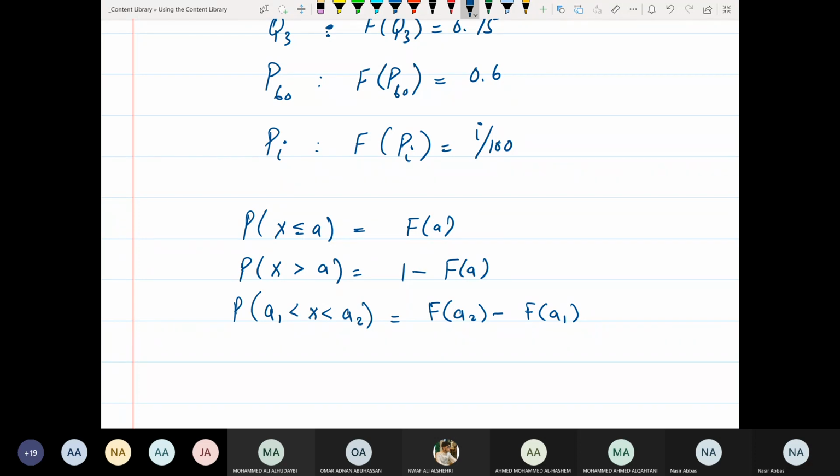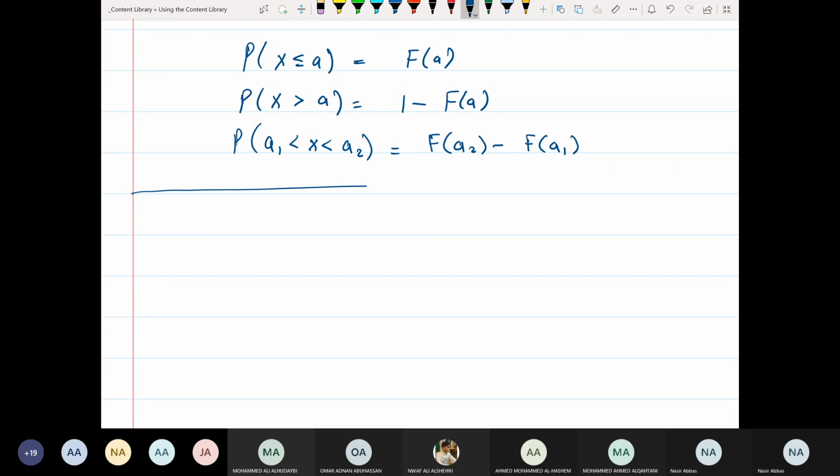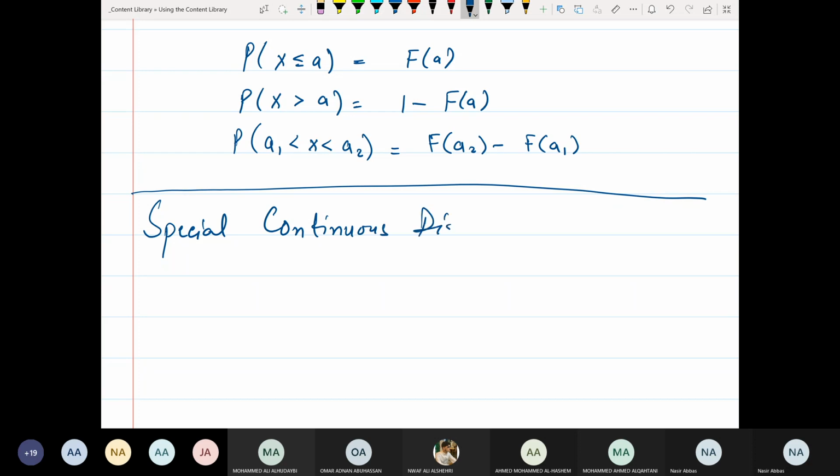And the first of those special distributions is the continuous uniform distribution.